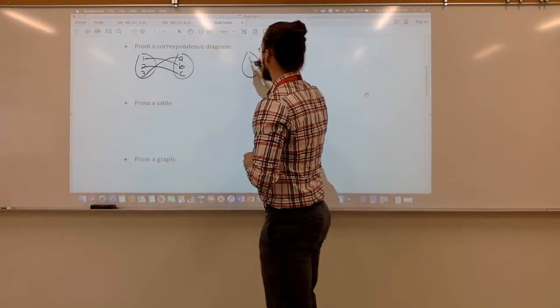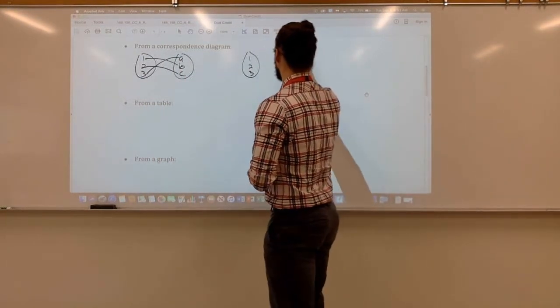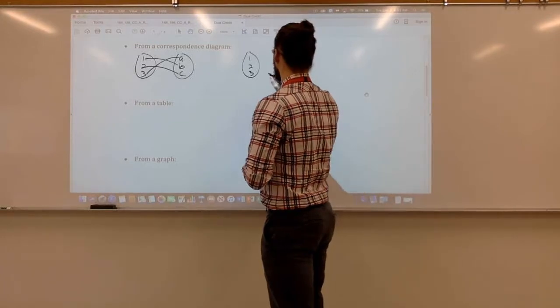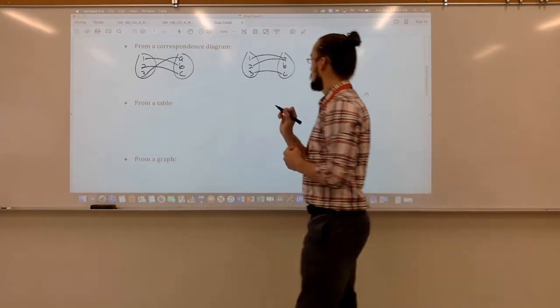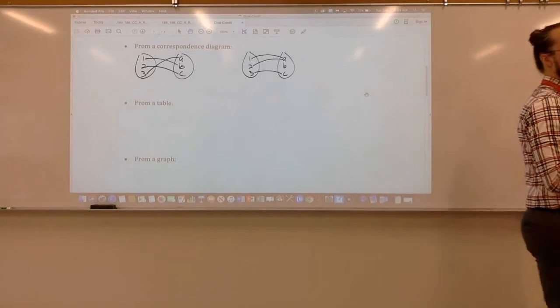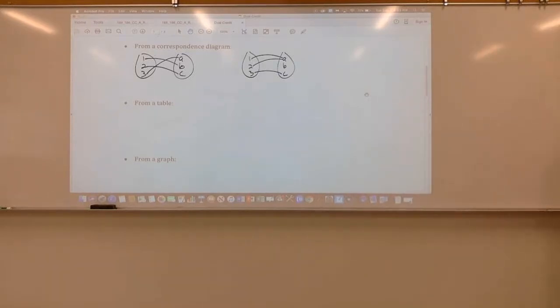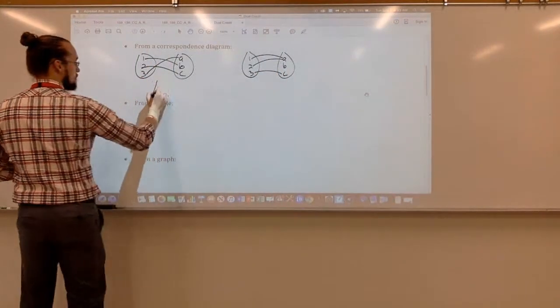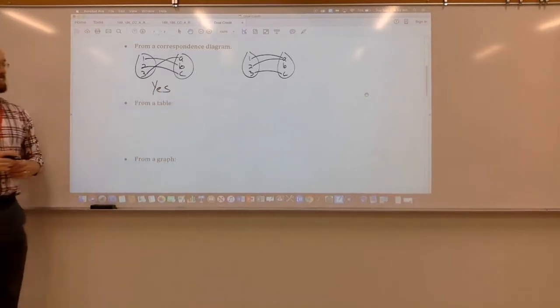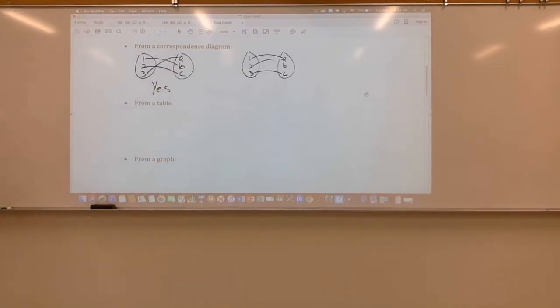How about this? Is this a function? Is each element in the domain mapped to exactly one element in the range?